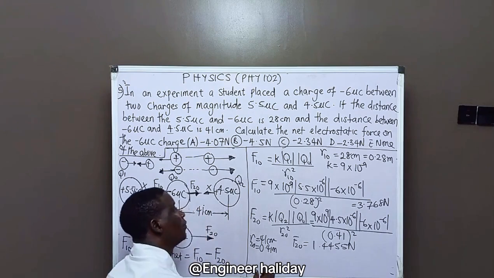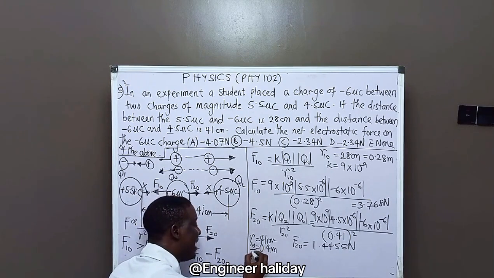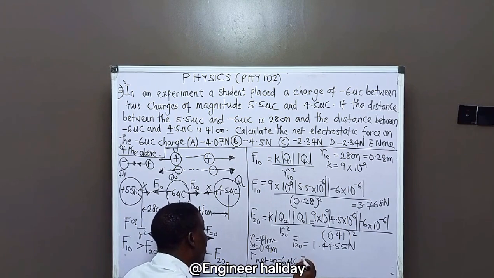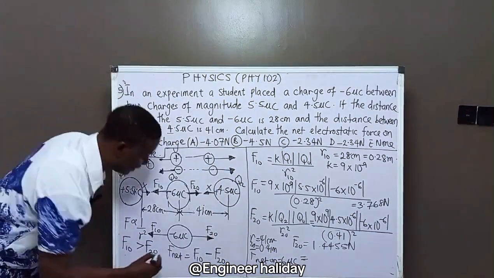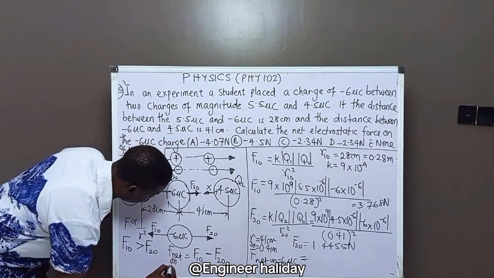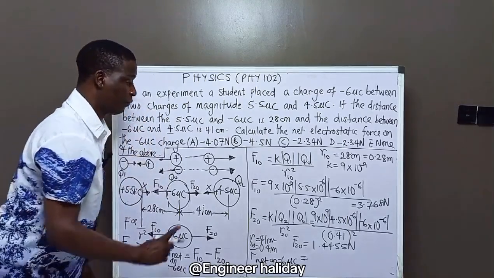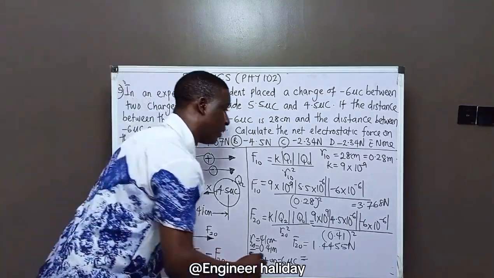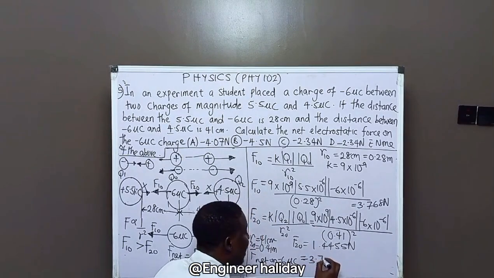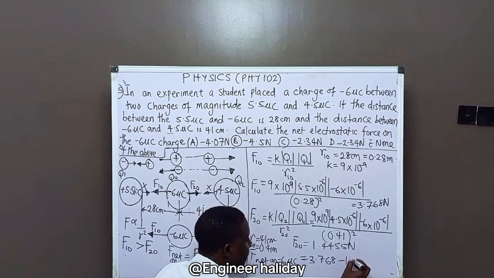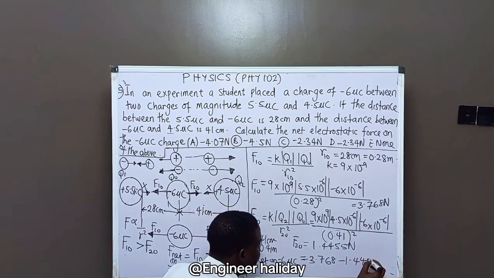Now look at the board. The last step is the net force on Q0. What is the net force on minus 6 microcoulombs? The net force on Q0, which is minus 6 microcoulombs, is now equal to F10, which is 3.768, minus F20, which is 1.4455.